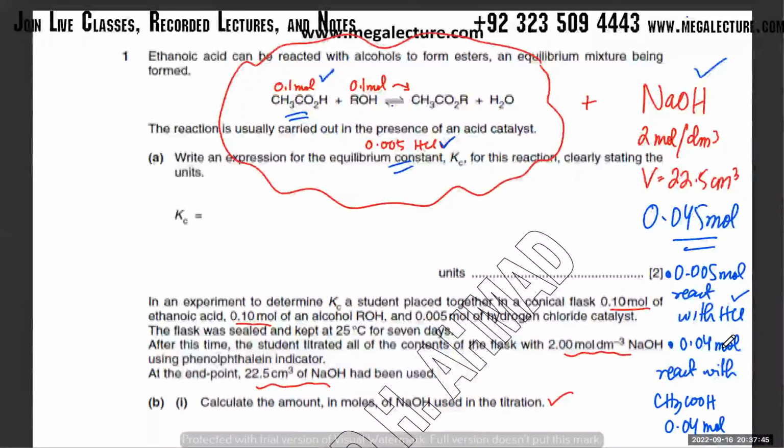So if 0.04 moles of NaOH are actually reacting, that means the amount of ethanoic acid will also be 0.04 moles, क्योंकि ये भी 1:1 में react करते हैं. NaOH and ethanoic acid react in 1:1. अगर वो 0.1 moles होते ना तो यहाँ पे you would have needed 0.1 moles of NaOH. But since only 0.04 moles of NaOH are reacting, that means the amount of ethanoic acid that's left at the end is 0.04 moles. Is that clear?